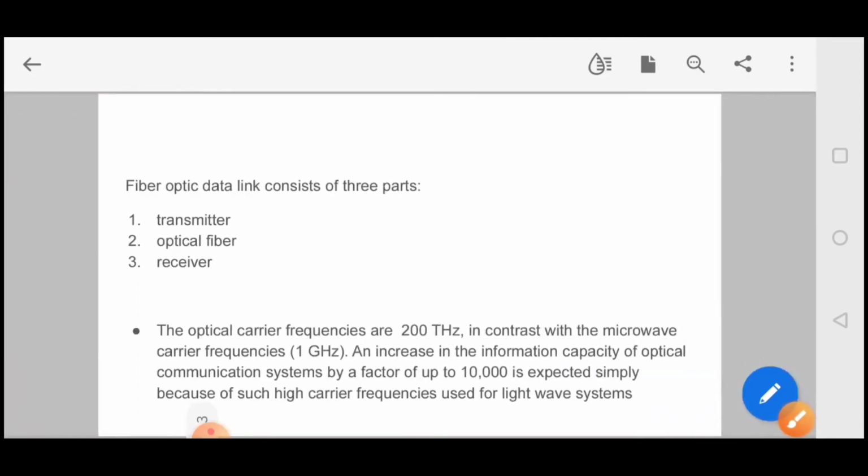A fiber optic link consists of three parts: transmitter, optical fiber and the receiver. The optical carrier frequency is 200 terahertz, in contrast with the microwave carrier frequency of 1 gigahertz. An increase in the information capacity of the optical communication system by a factor of 10,000 is expected simply because of such a high carrier frequency used in the light wave system.